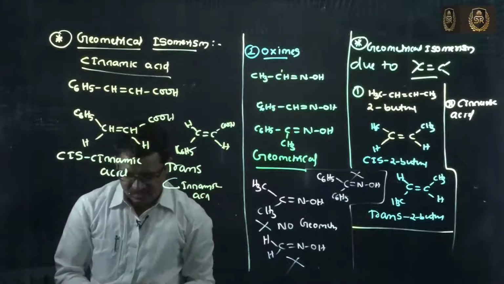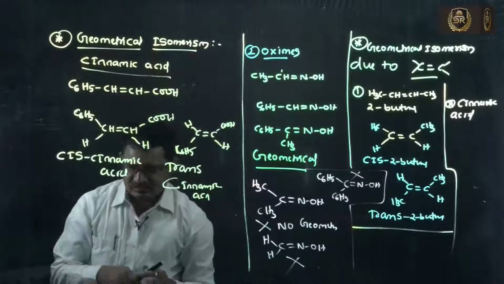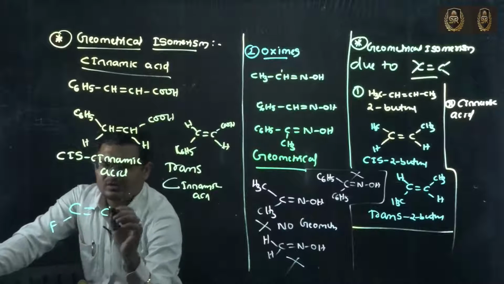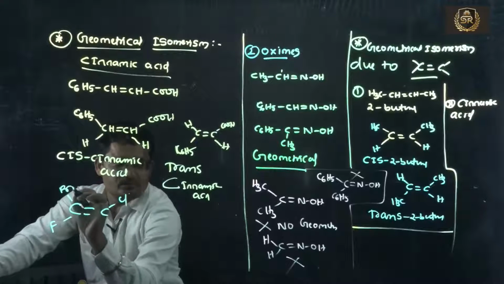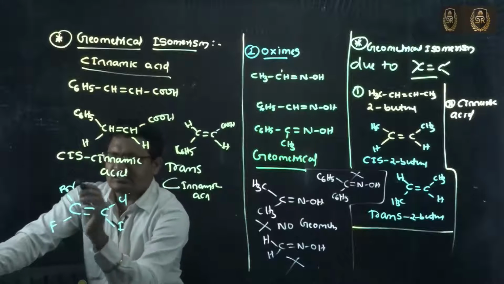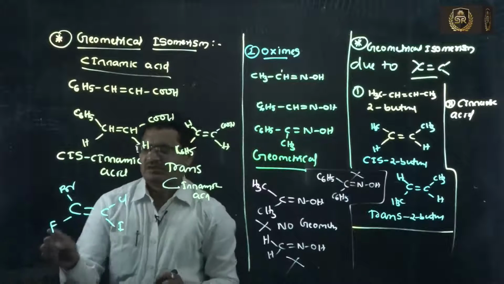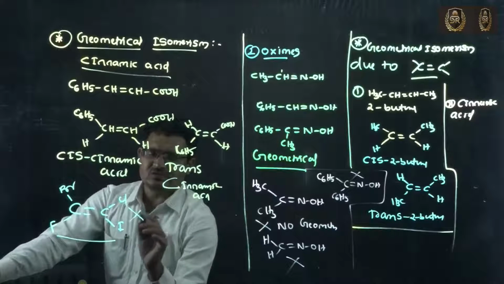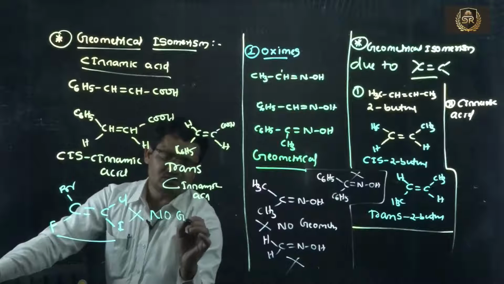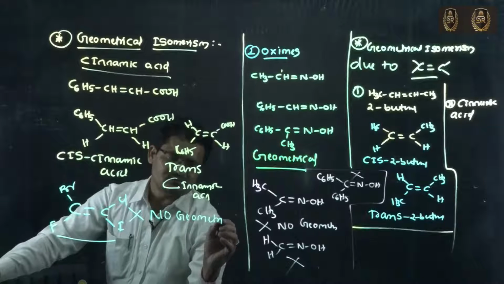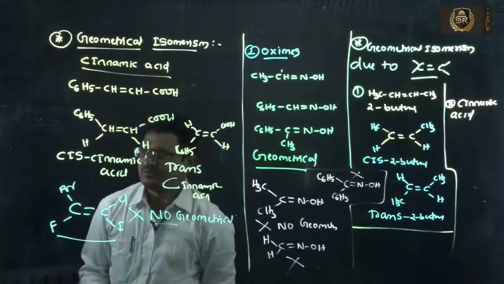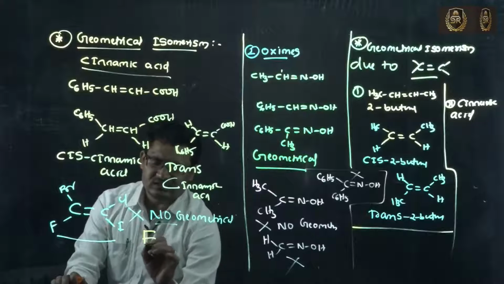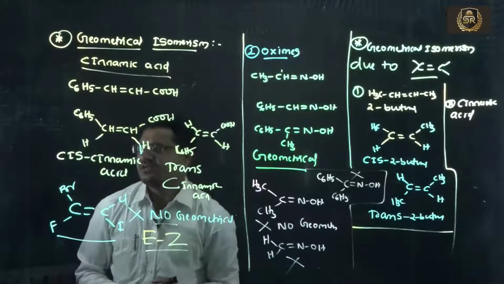For example, here C double bond C, with fluorine, chlorine, bromine, iodine on the sides. These four different groups are there, so it is no form of geometrical isomerism, but it can form EZ configuration.